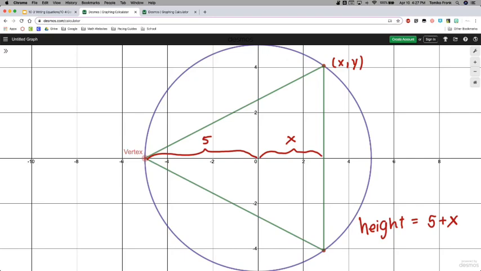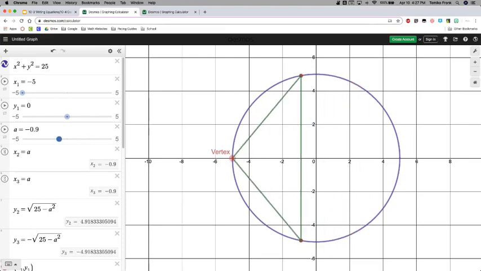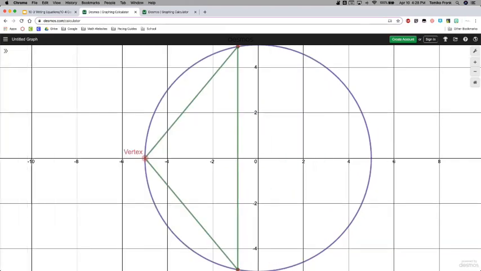Okay, now if we think about it, this is going to work for every case. Here's why. I'm going to move the base of this triangle again. If I go into the slider, I'm going to move the base so that it's over here. We just said the height can be represented as 5 plus x.